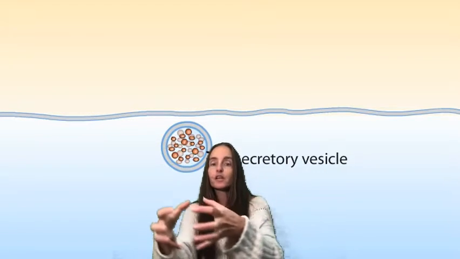Okay, so now we're at the end of the Golgi, and it pops off a little vesicle, and the vesicle is going to go to the cell membrane, and because it's a membrane, it can just fuse to the cell membrane and release the lactase out of the cell where it can be picked up by the bloodstream or whatever, and it can be taken to where it needs to go. Okay, so that would be how a protein is created that is secreted from the cell.